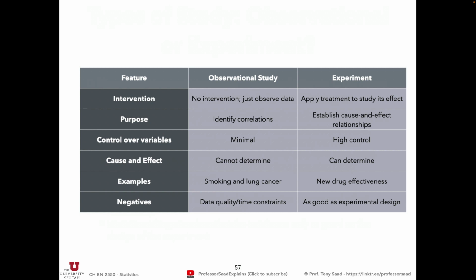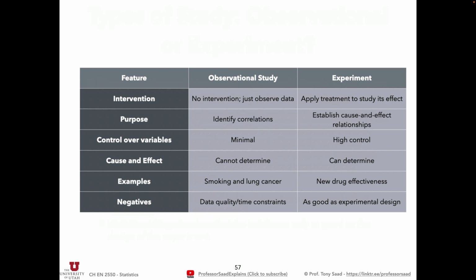In an experiment, you control. You say, I want all people with a certain cholesterol level, this risk of heart disease, etc., to participate in the study. So you have more control over confounding variables. You can determine cause and effect with an experiment. You cannot determine it in an observational study. For example, the correlation between smoking and lung cancer is a very strong one.